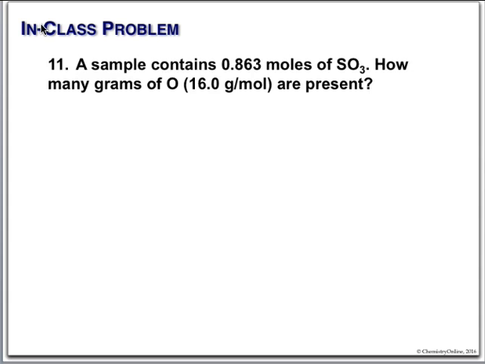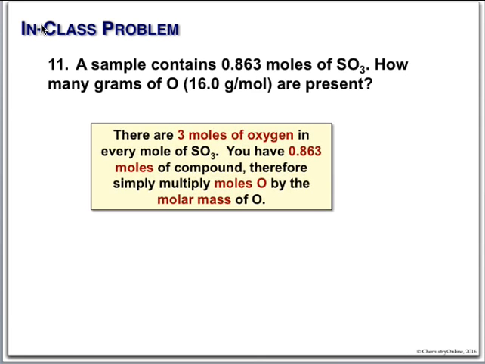We have 0.863 moles of SO3. How many grams of oxygen are there? Well, there are 3 moles of oxygen in every SO3. We have 0.863 moles of compound.